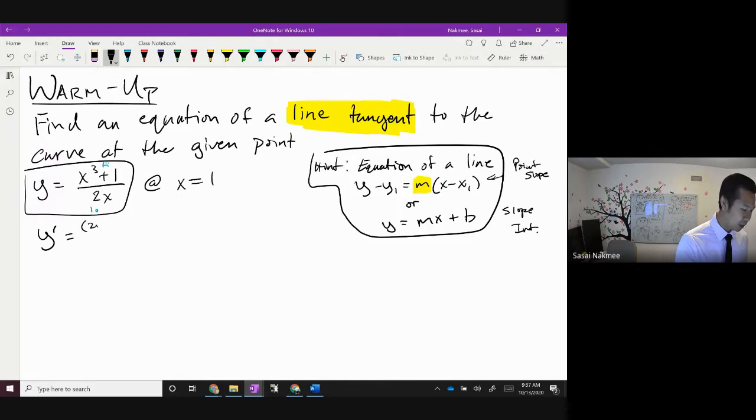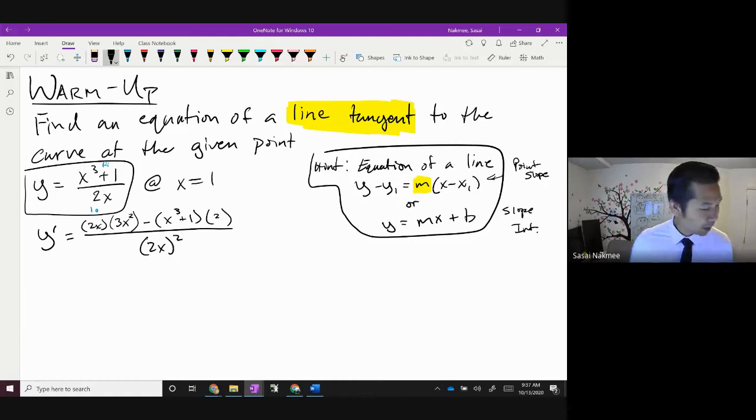So low is 2x, d high is the derivative of the top, which is going to be 3x squared, minus high, that's x cubed plus 1, minus high d low, derivative of the low is 2, all over low squared. There you go. That's your derivative.